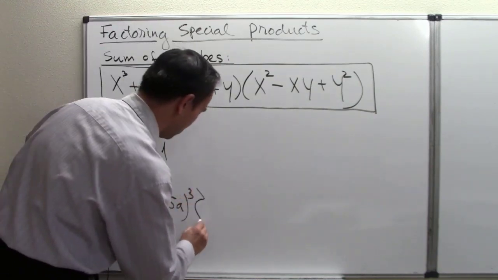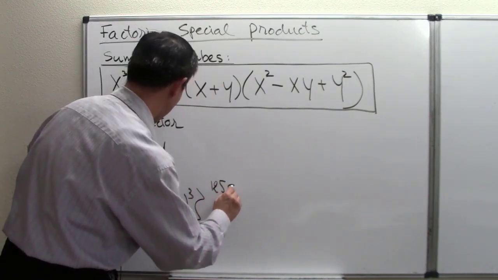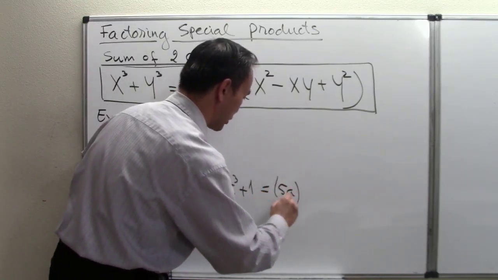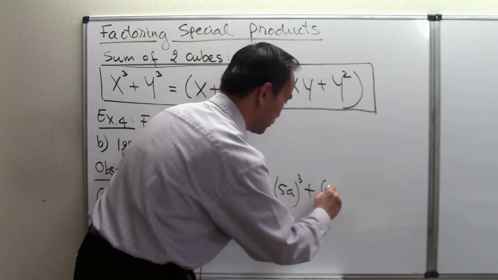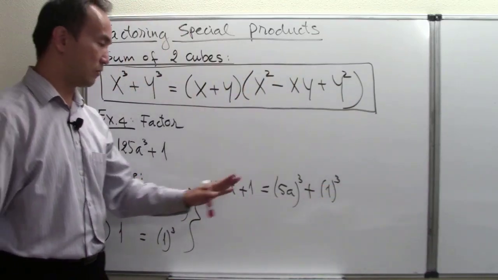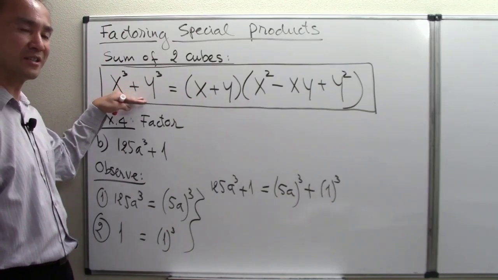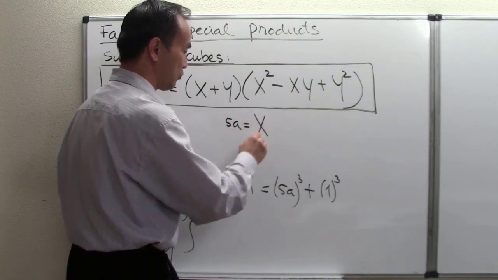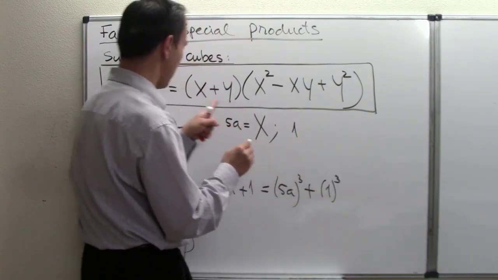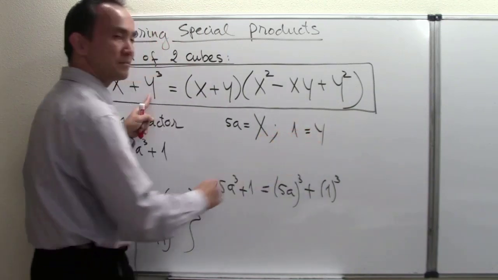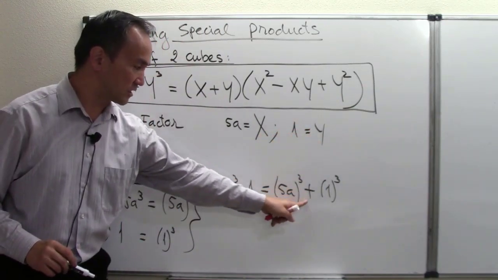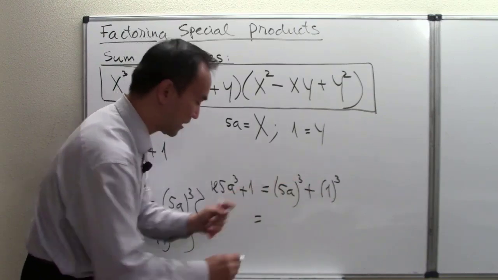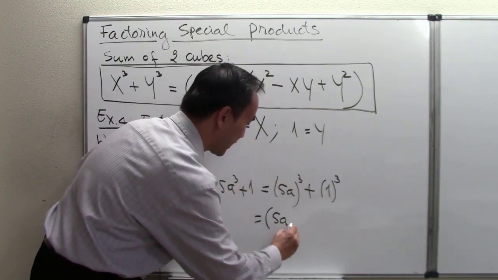All right, so now 125a cubed plus 1 can be understood as 5a all cubed, a perfect cube, plus 1 cubed, another perfect cube. And so referencing this with our formula for the sum of two cubes, I can see that 5a is being put in place of the capital X and 1 in place of the capital Y. So the formula for the sum of two cubes: it's x plus y, but x is 5a and y is 1, so we get 5a plus 1.